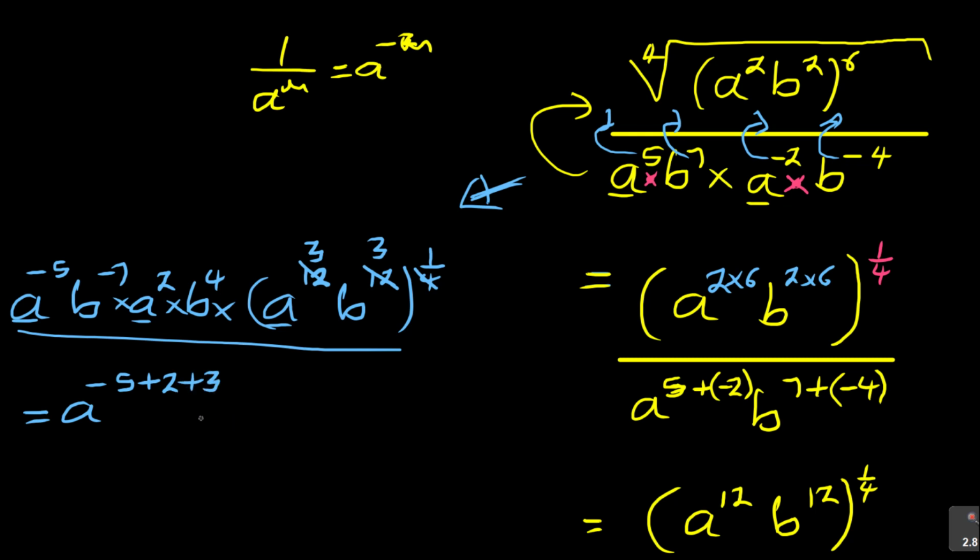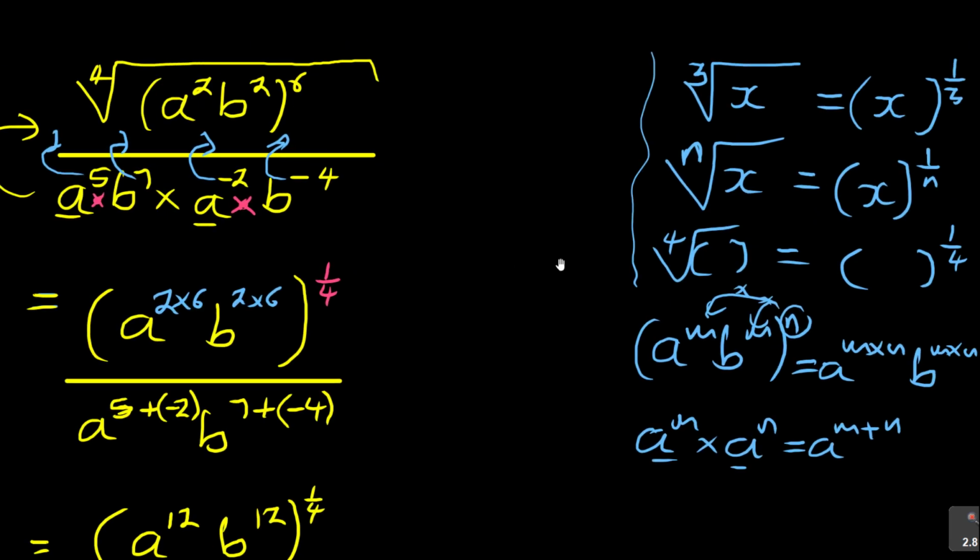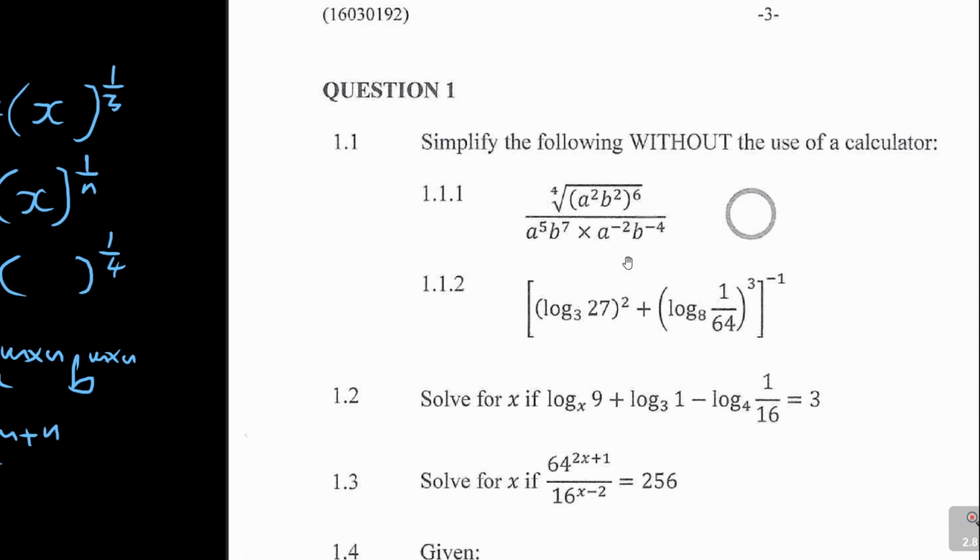And then for b, you have minus 7, using the first law, plus 4 plus 3. If you look at this, you've got a minus 5 plus 5, which is 0, and b minus 7 plus 7, which is 0, and any number to the power of 0 is equal to 1. So this was another way, but at the end of the day it was going to lead to the same answer. All right, so let's look at the next one.